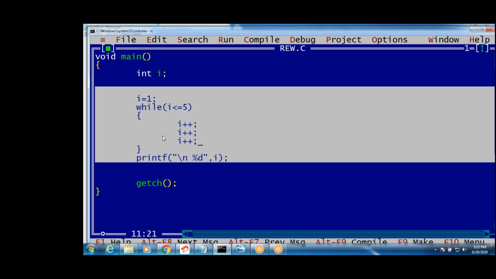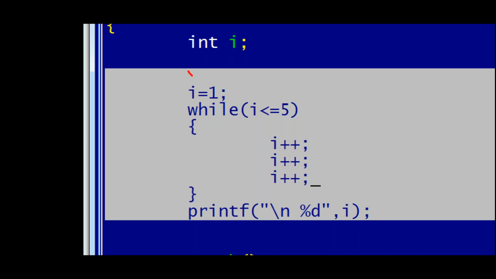Yeah. What is the answer, guys? 10, huh? Sandeep, how did you get 10? I is 1. 1 less than 10. I plus plus 2. Again I plus plus 3. Again I plus plus 4. Checks the condition. 4 less than or equals to 5. Okay. No statements to print.